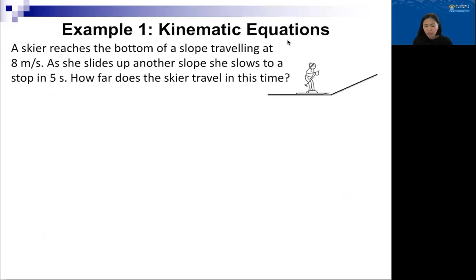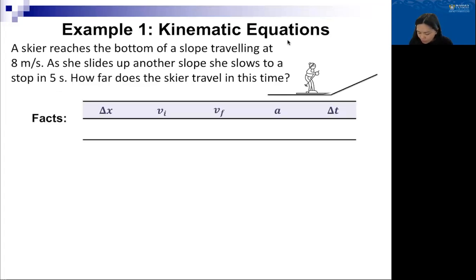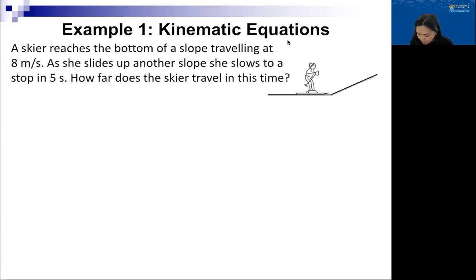Say a skier reaches the bottom of a slope. Let's say the skier came from the left, and then reaches this point here at the bottom of the slope.